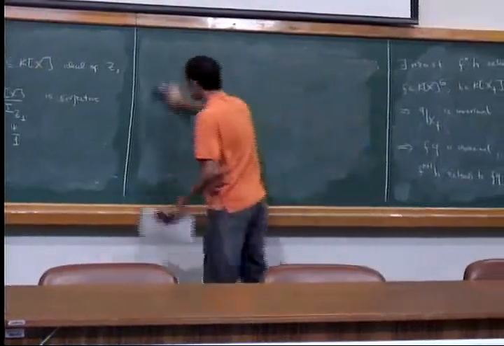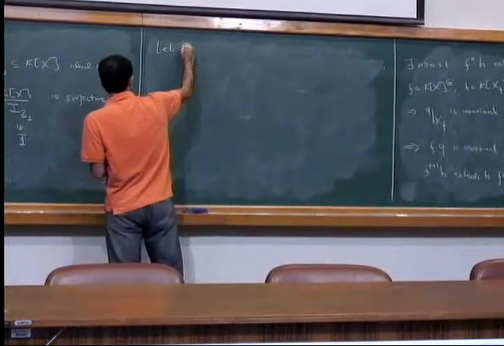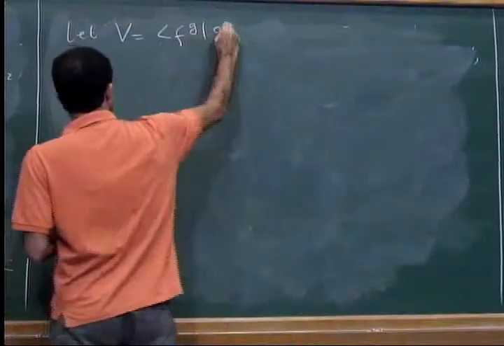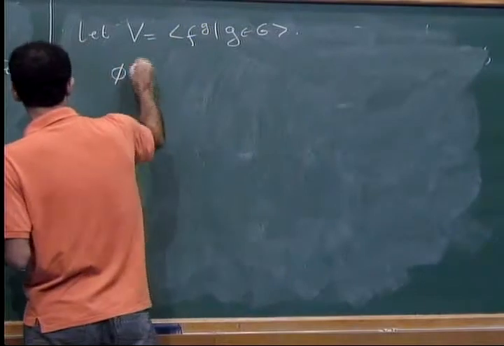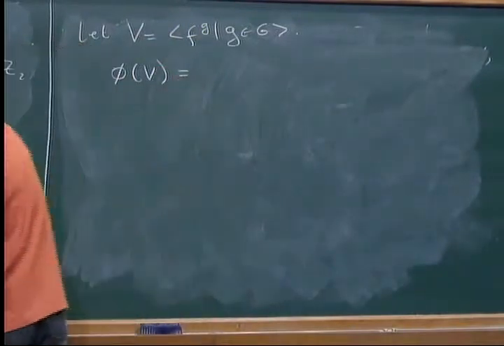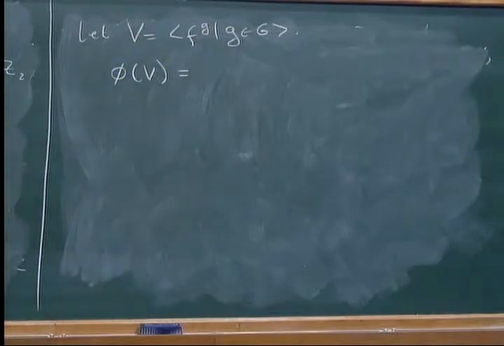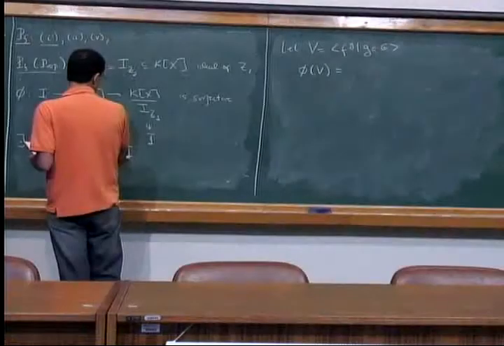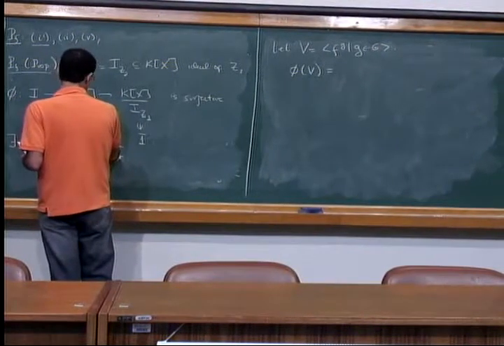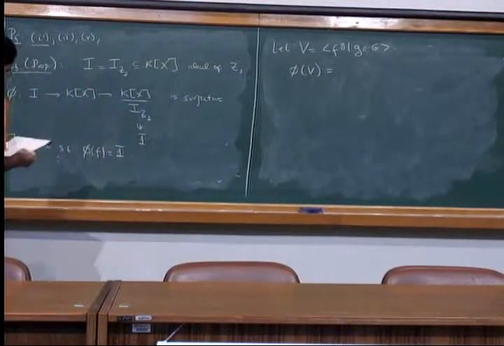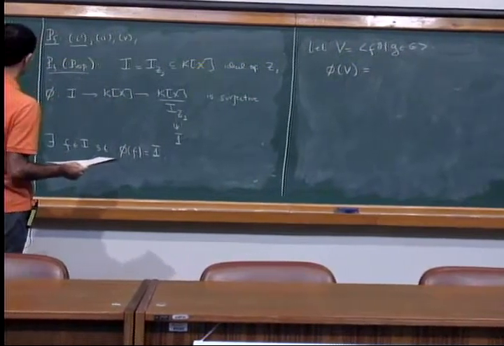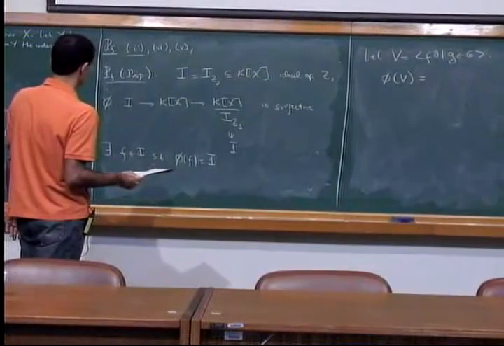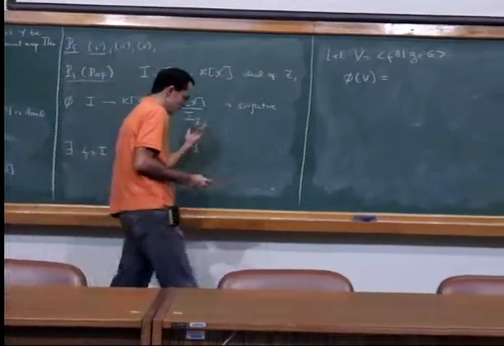So indeed, it's the same thing. We pick V, the space generated by this, right? And we have that phi of V is simply all the f translated by g go to 1, because 1 is invariant.